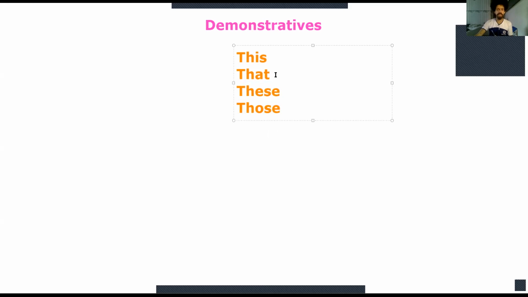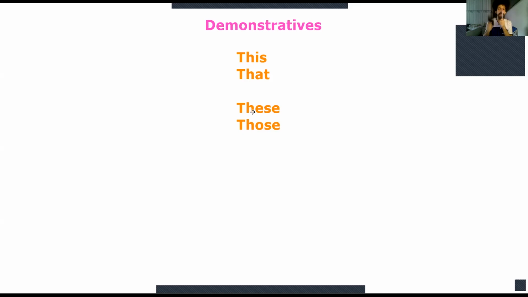That's it. So I'm going to even separate them here. We have singular and we have plural, but they mean the same. But this is singular, this is plural. This is one, and these are two or more.